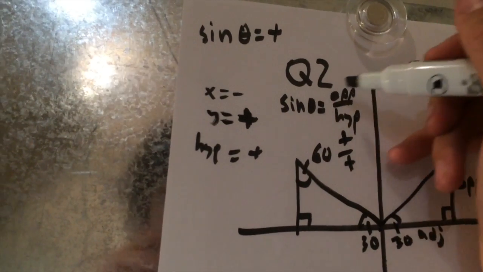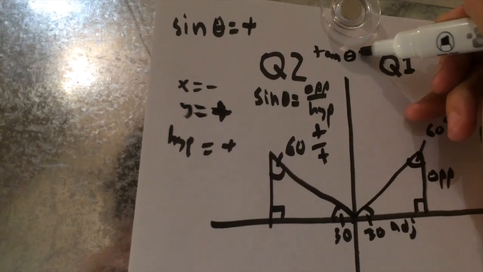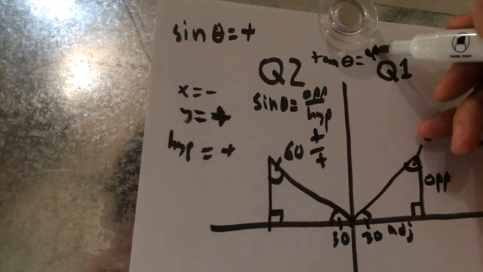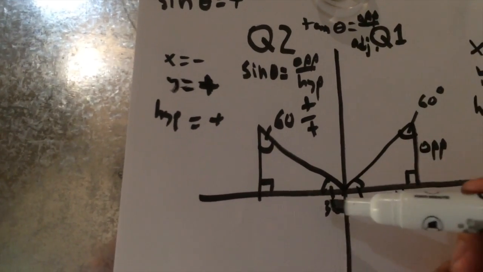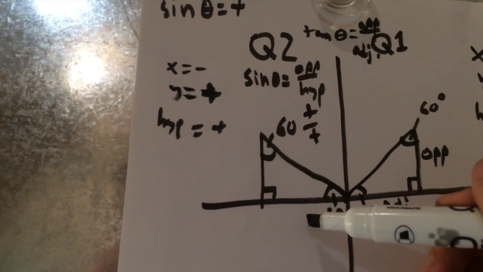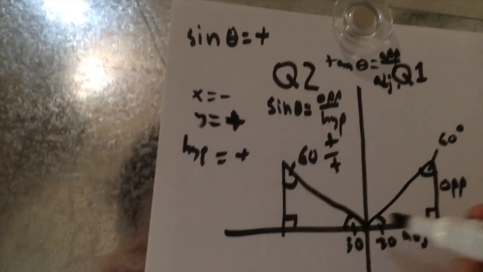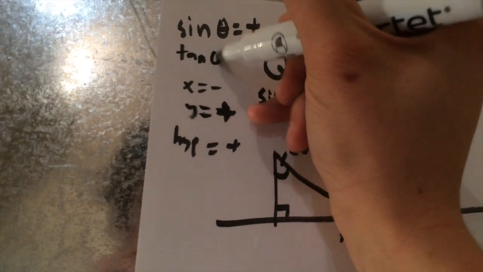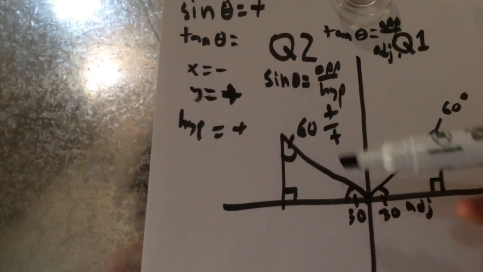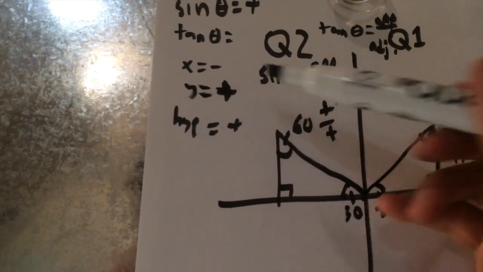Now if you do tan theta, that's where it starts getting a little tricky, because it's going to be opposite over adjacent. And the opposite, as we know, is positive. However, the adjacent is negative because it's in the negative x direction. So for tan theta, you're going to have the opposite, which is positive, over the adjacent, which is negative.